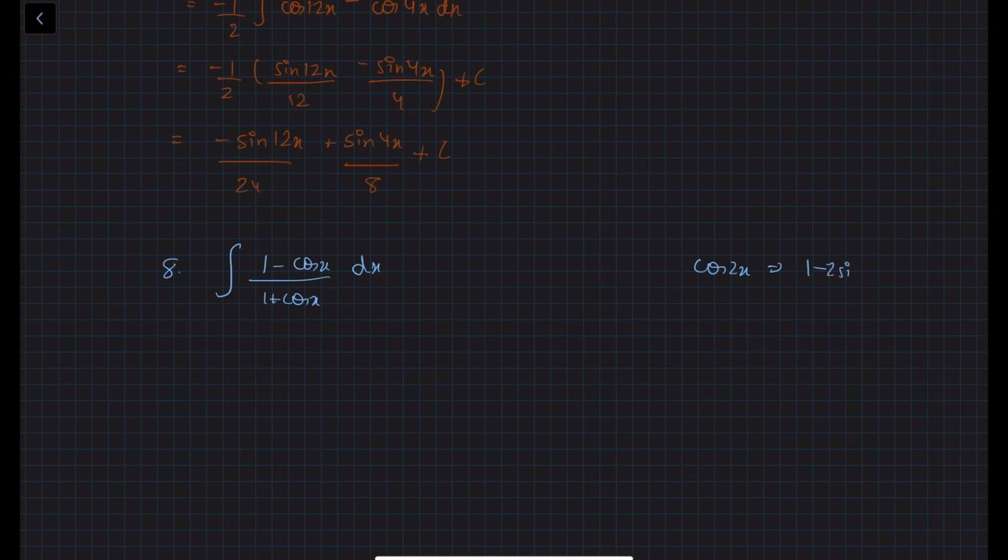So that's 1 minus 2 sine square x, or 2 cos square x minus 1. And using these, we can isolate 1 minus cos x. So 2 sine square x is 1 minus cos 2x, and 2 cos square x is 1 plus cos 2x.